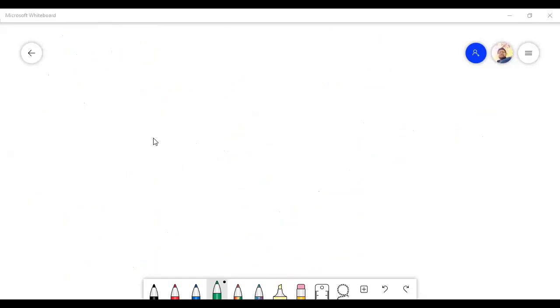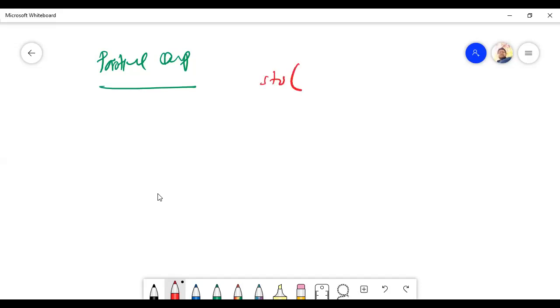Okay, fine. So now next one, partial dependency. Hope now you understood the functional dependency. Now I will come to the partial dependency. Right. Now let's take the relation student.